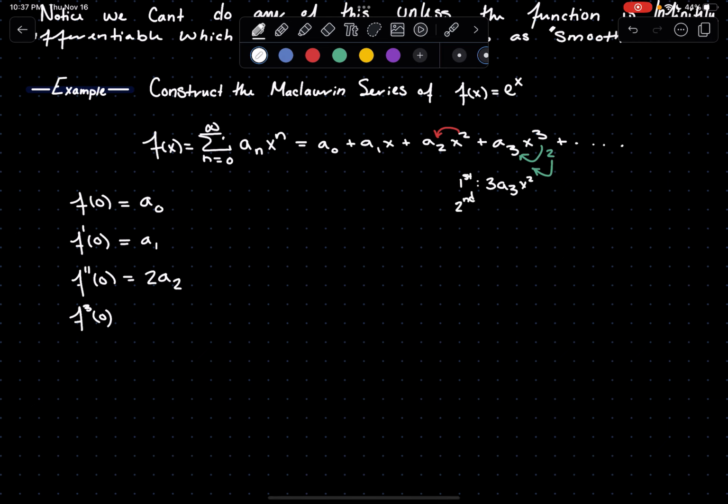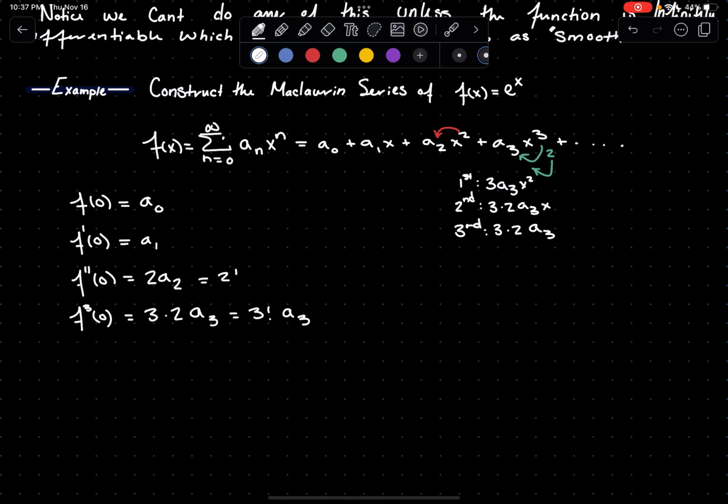Second, I got 3 times 2a3x. And then on the third, I get 3 times 2 times just a3, right? Because the x becomes a 1, right? So I get 3 times 2 times a3, which is just 3 factorial, a3.